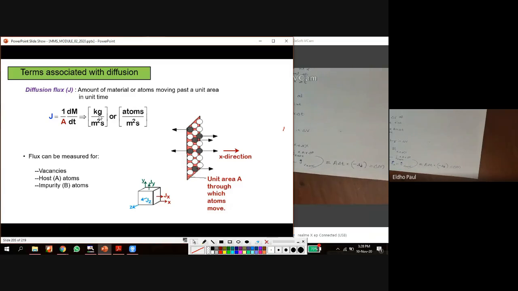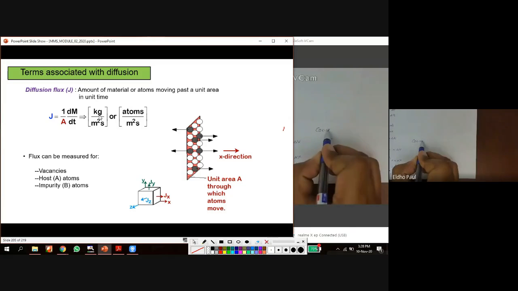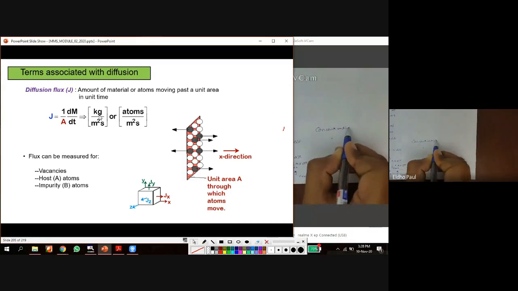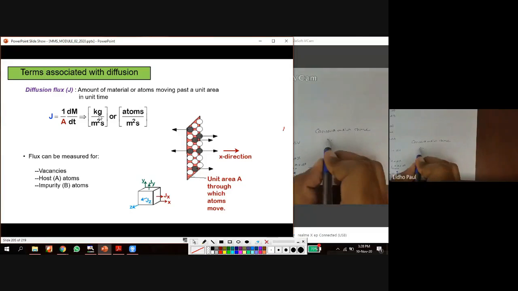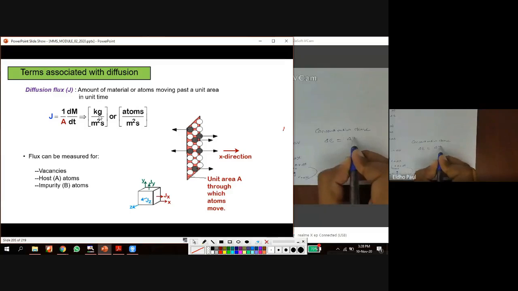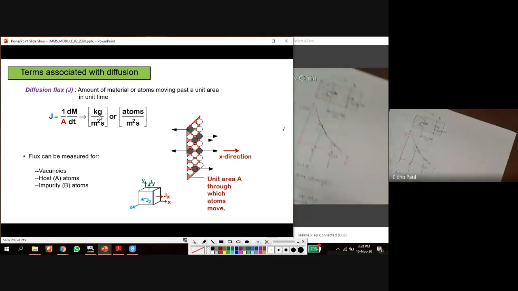Okay. Then what is the concentration change? Concentration change, delta C, is equal to delta M by delta V. So we already calculated delta M, and we can substitute this value: minus delta J into delta t into A, divided by delta V. What is delta V here?